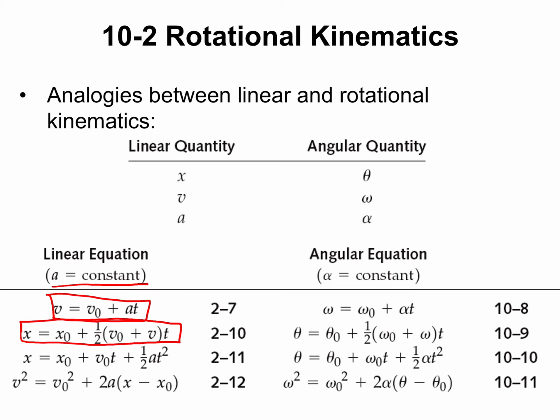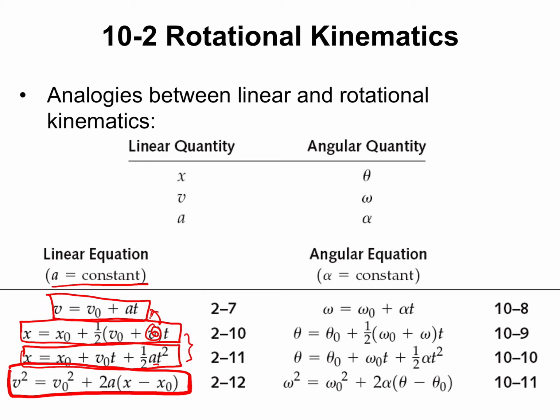I derived this in class. If we substitute this v by this equation, we can figure out the position in terms of acceleration and initial velocity. And based on those two equations, we can derive the third one. This is called the kinematic equations in linear motion.